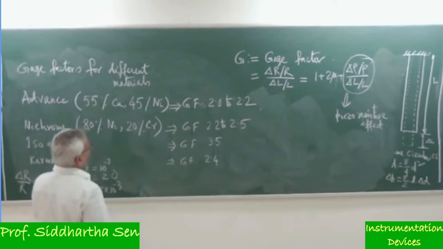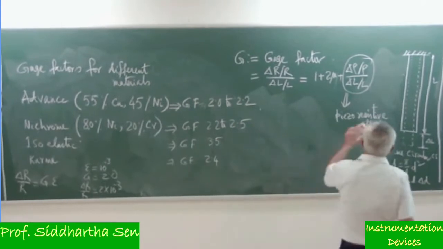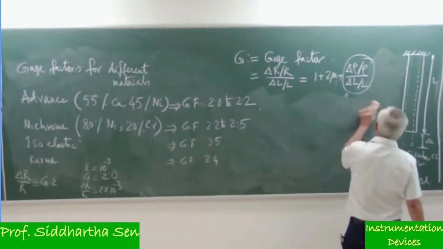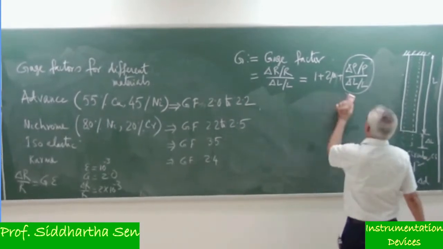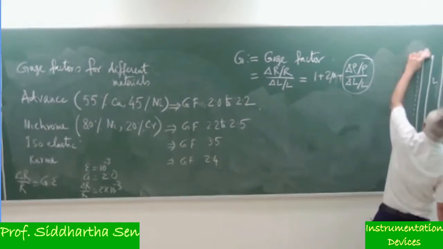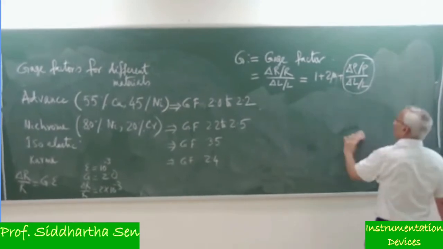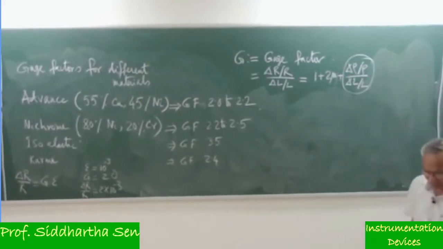So we require another type of material which has a large gauge factor. In fact, you can see that our option is limited because 1 plus mu we cannot have much play there.